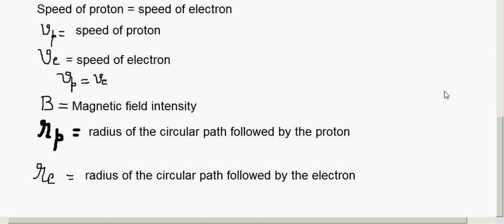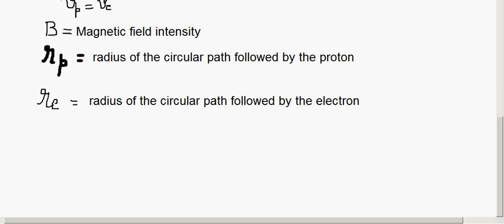Now we know the formula for the radius of the circular path. We derived it in the last session.